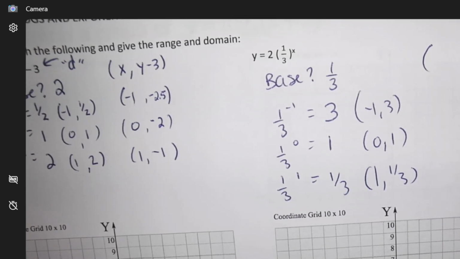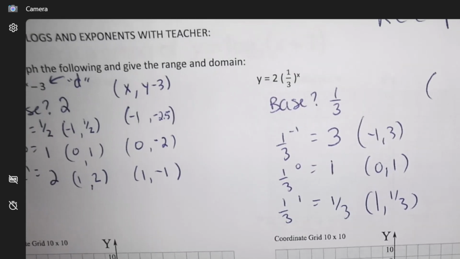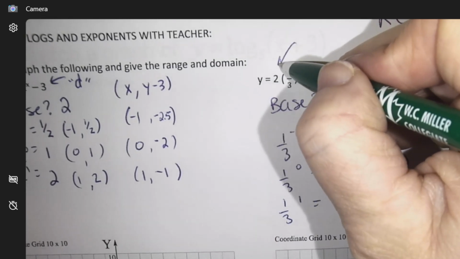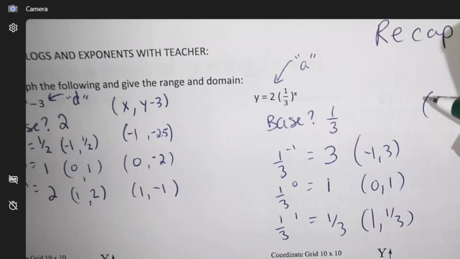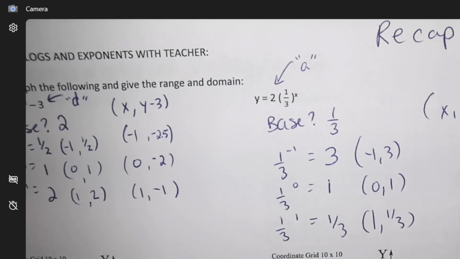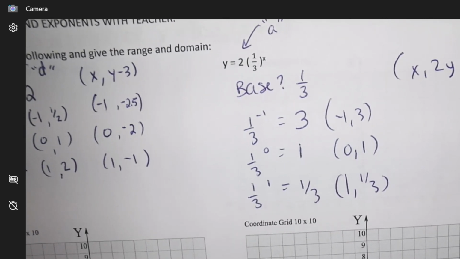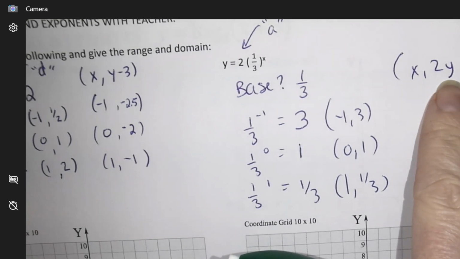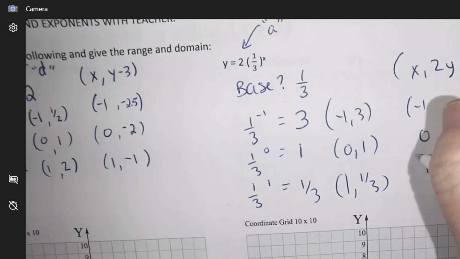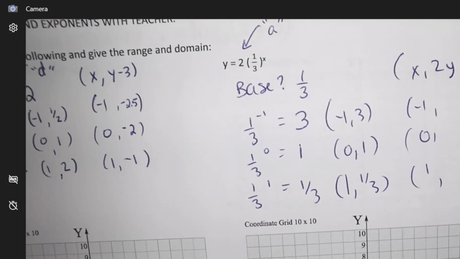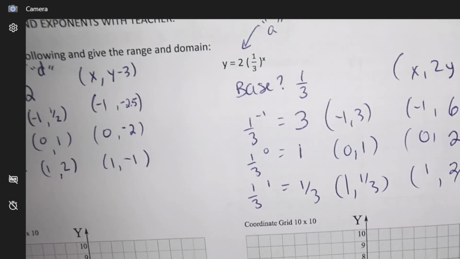Okay, any transformations? We have an A value. So what I'm doing with my a is multiplying. Multiply y. So 6, 2, and 2/3 are the new y's.